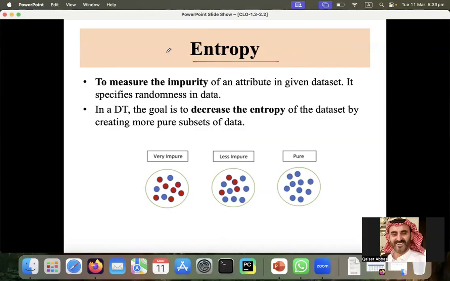First, we have the definition of entropy here. What is entropy? We will use entropy to measure the impurity of an attribute, or you can say the purity of the attribute. What is the meaning of impurity or purity? It is whether the data in the feature is categorical or continuous. If it is categorical, it will give you a good value.